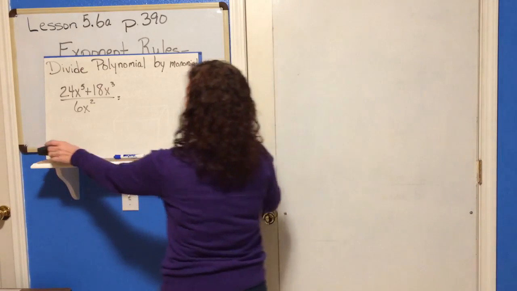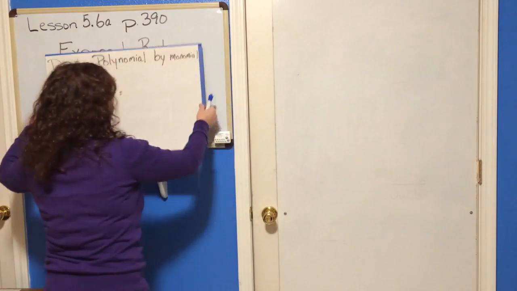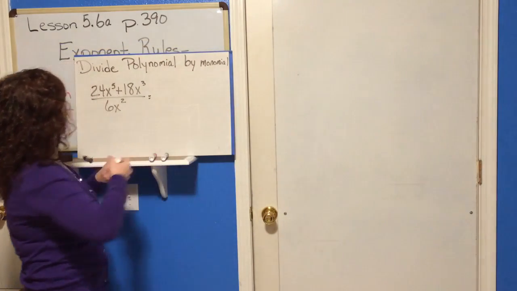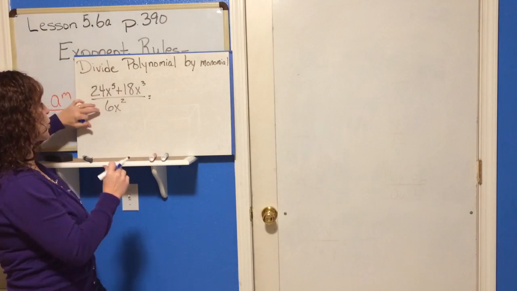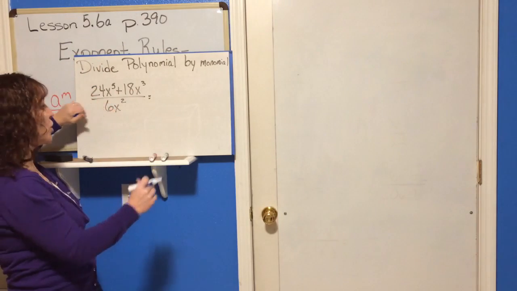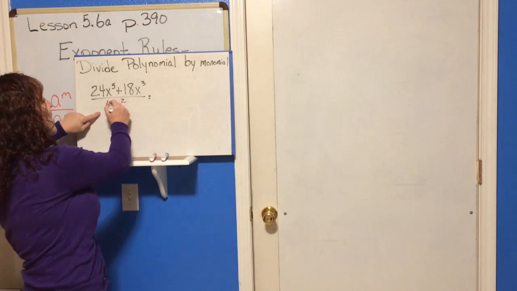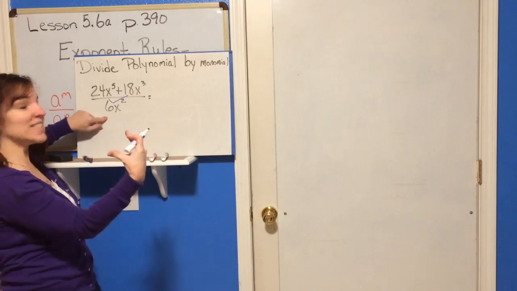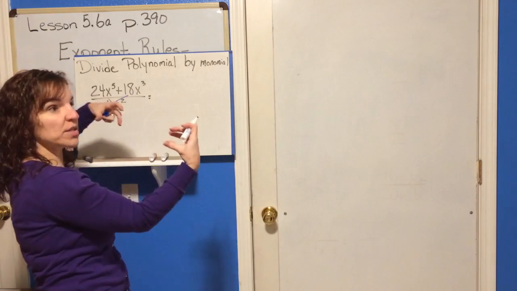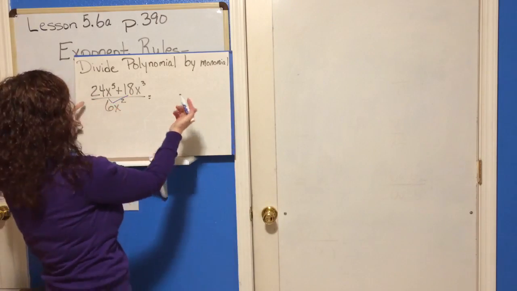So in this case, we're going to split this up, because you've got 24x to the 5th plus 18x to the 3rd, all divided by 6x squared. You've got to divide each of these parts by 6x squared. So go ahead and write it separately so you've got two separate problems that look just like the ones we just did before.